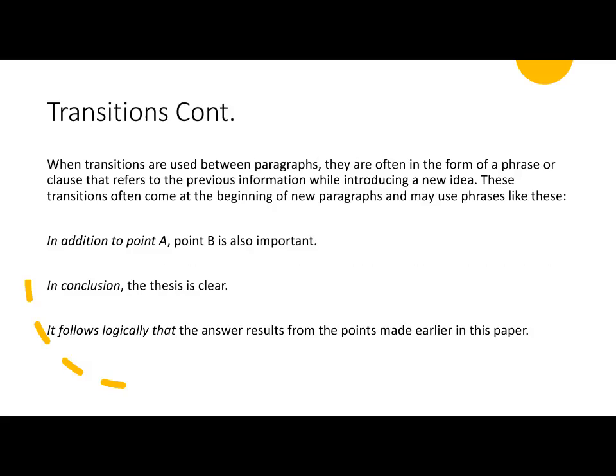It follows logically that the answer results from the points made earlier in this paper. Basically, some of these are good conclusion examples. That's when you can tell something's being wrapped up, if it has something like this. Like, in conclusion, the thesis is clear. It follows logically that blah blah blah.